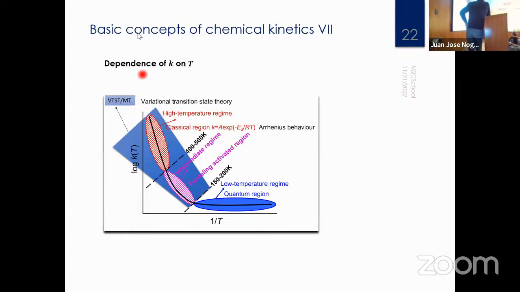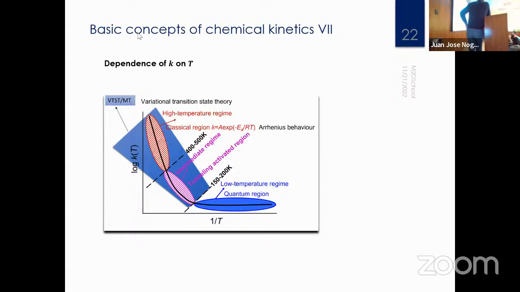So, for instance, you might be interested in the case of TST, thermal rates. They typically depend like this on the inverse of the temperature. So this is the high temperature regime, which is typically very well characterized by an Arrhenius behavior. Then you have an intermediate regime, where there might be some tunneling, and then a low temperature regime, the quantum regime.